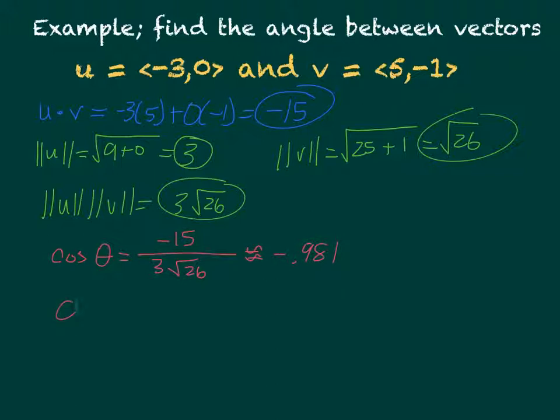So that means theta is equal to the inverse cosine of -0.981, which is approximately equal to 168.69 degrees.